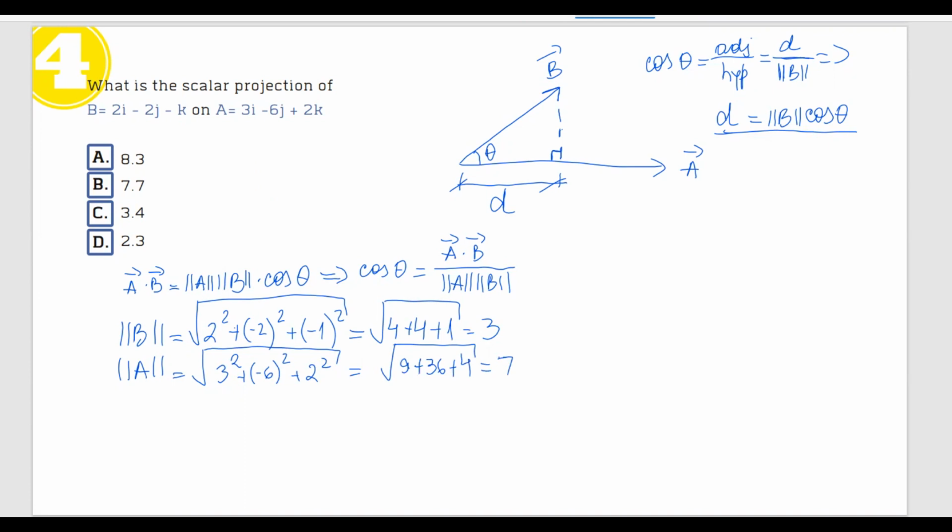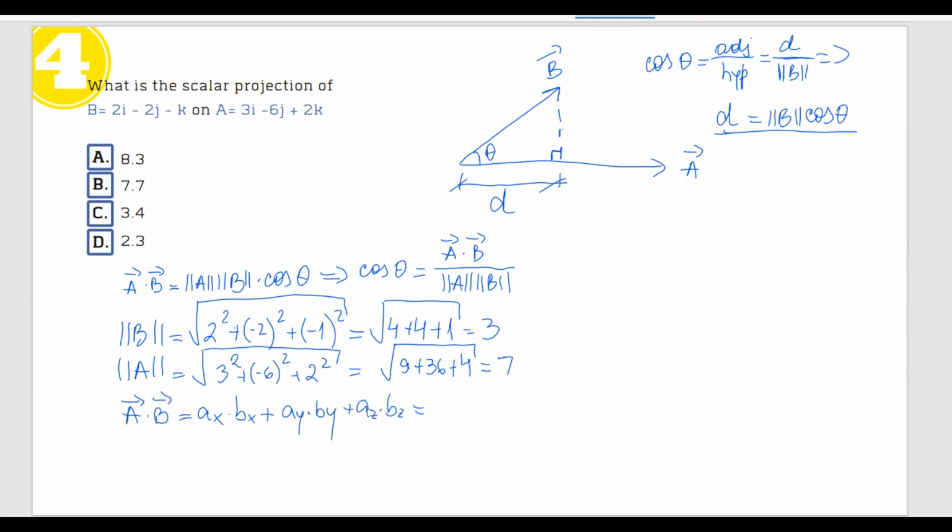Now I have to calculate the dot product using the other formula that we also have for the dot product. And this is AX times BX plus AY times BY plus AZ times BZ.